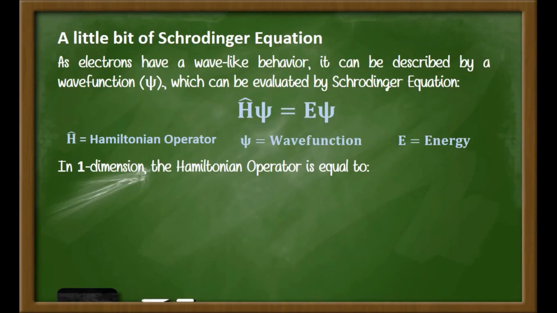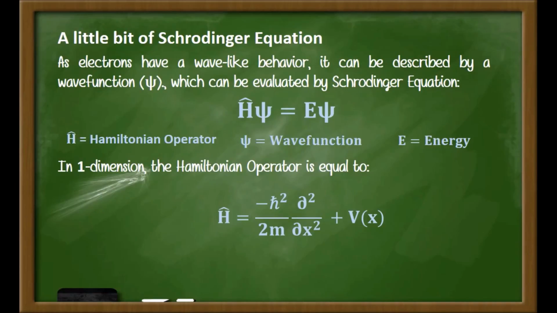In one-dimensional form, the Hamiltonian operator in Cartesian coordinates will be equal to minus h bar squared over 2 times the mass times the second derivative with respect to the position, plus a function that describes the potential as a function of the position. These are the operations that will be applied onto the wave function psi.